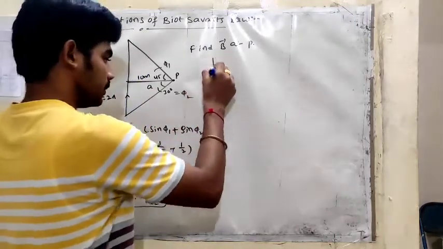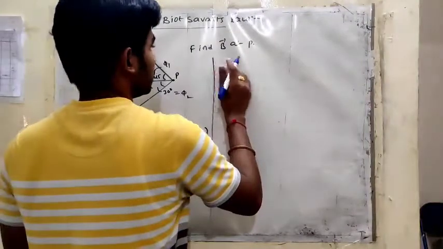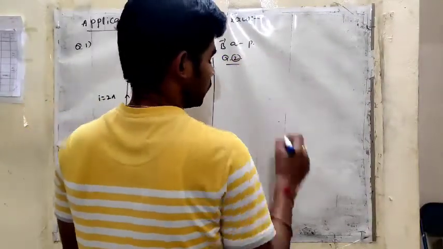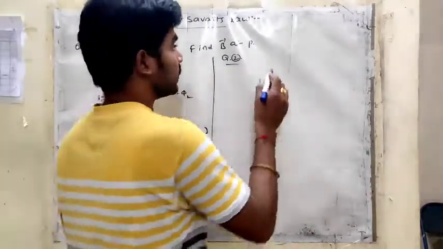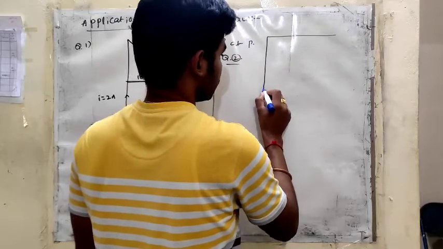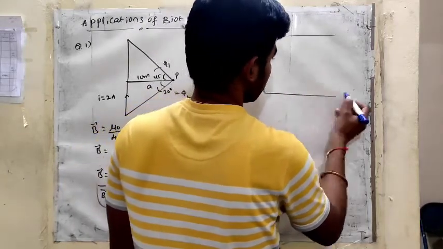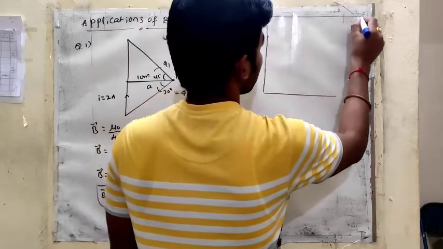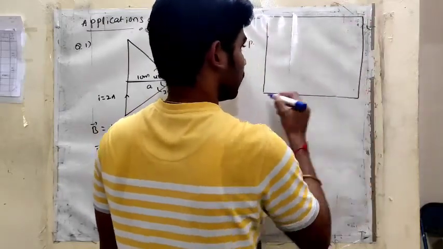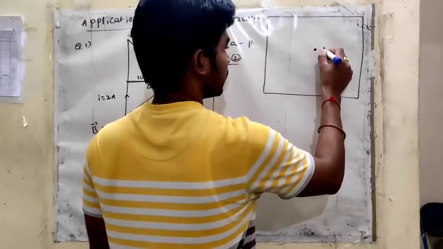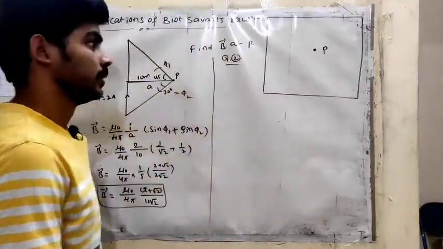Next, second question. So question number 2. We are taking one rectangular square. Okay, so this is a rectangular square. Exactly at the middle point we have to calculate the magnetic field.